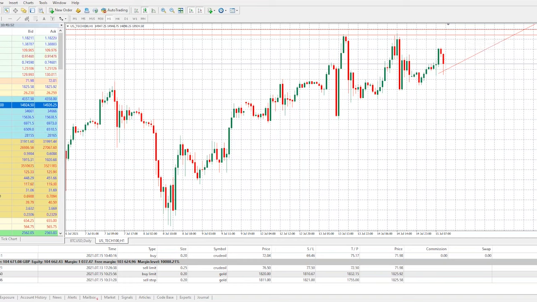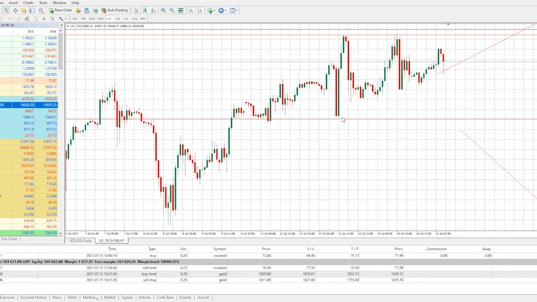The same could be true: you could put a sell stop pending order below this support level down here. If this support level breaks and we start getting down into the 14,760 range, then maybe something changed. And so you could have a sell stop pending order down here.